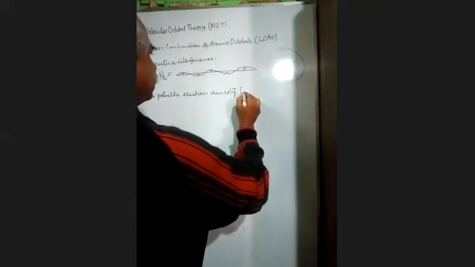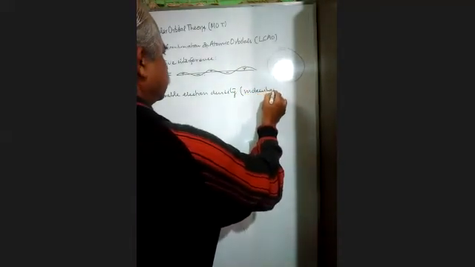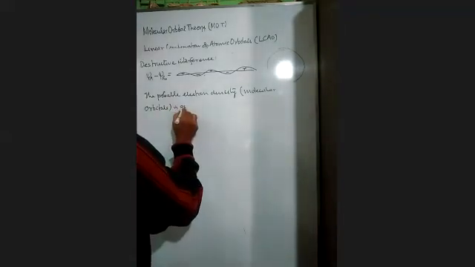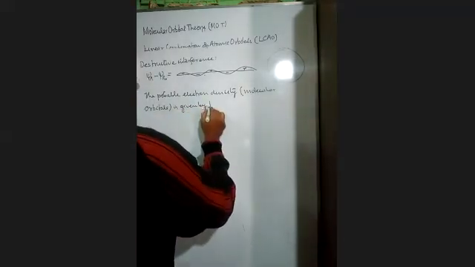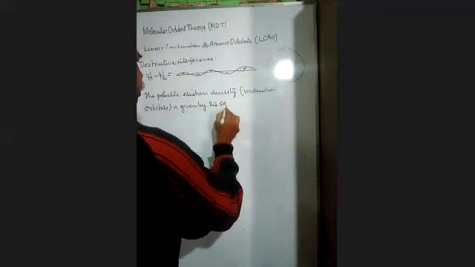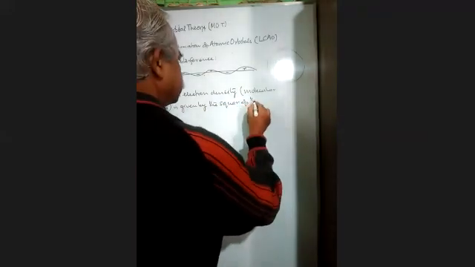Then we'll write here: molecular orbital is given by the square of the amplitudes.